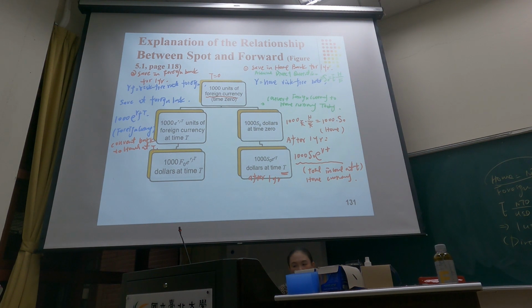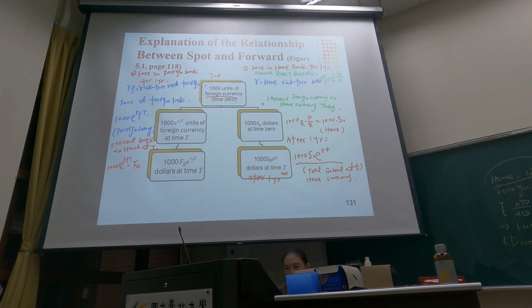So after 1 year, you would have 1,000 E^(RF T) times, how do you convert it back? You are using the 1 year forward exchange rate, F0, to convert it, to see whether or not there should be an arbitrage opportunity. So very importantly, take a look up here.